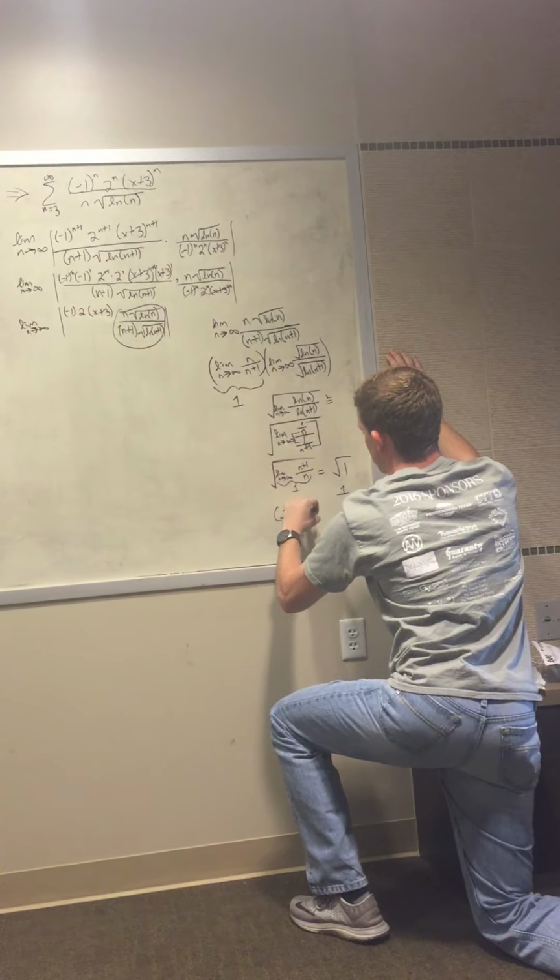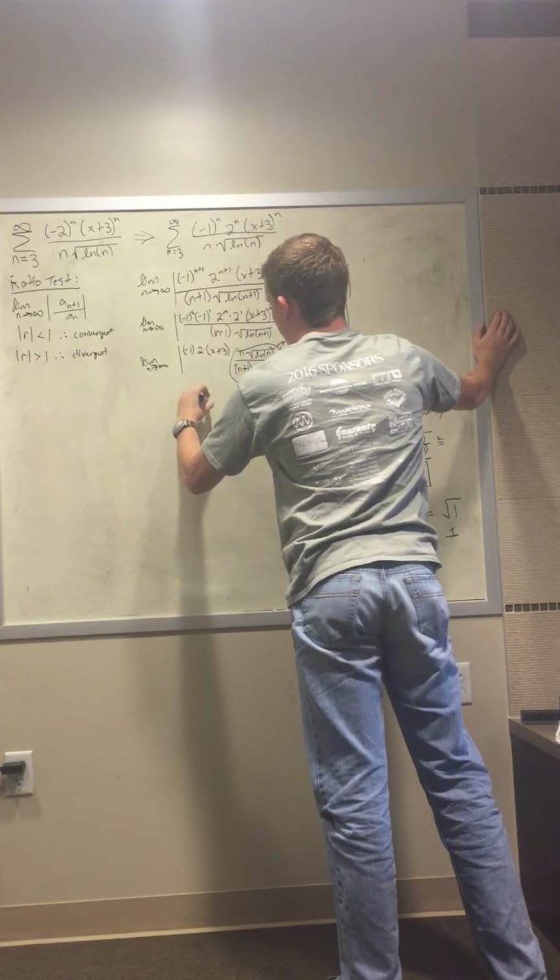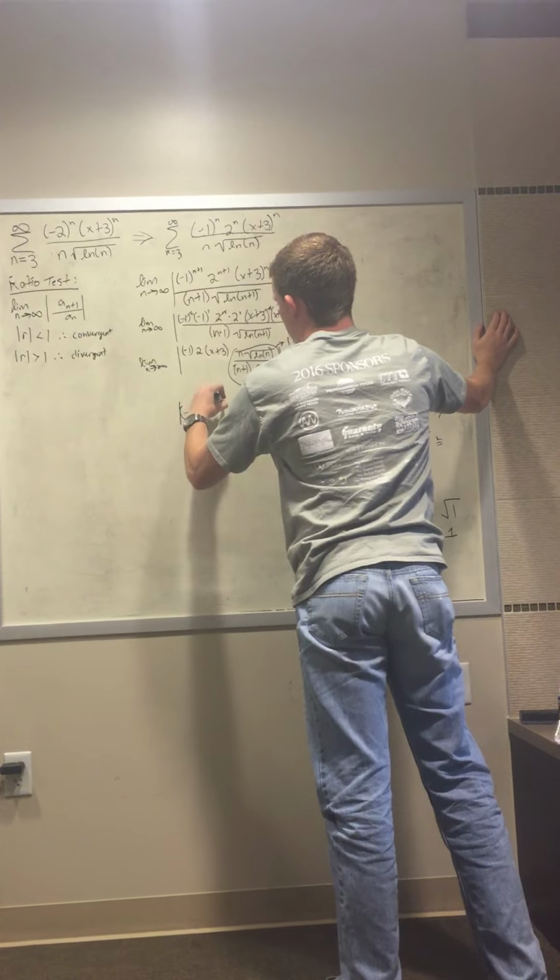So we can now say we've taken a limit, so we just have the absolute value of minus 1 times 2 times x plus 3. And we have to force convergence to be able to find our radius of convergence. So we'll say it's less than 1 because we just stated that r had to be less than 1 for it to be convergent. So we know that this minus 1 will go away because we're taking the absolute value.